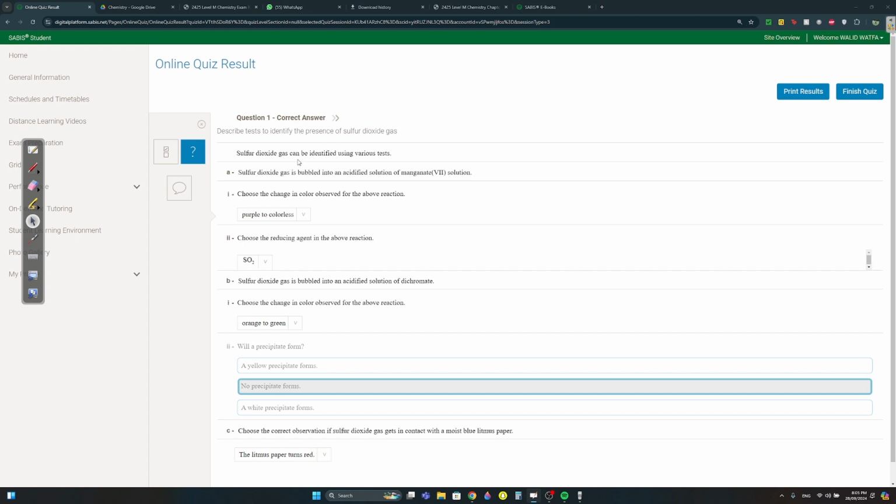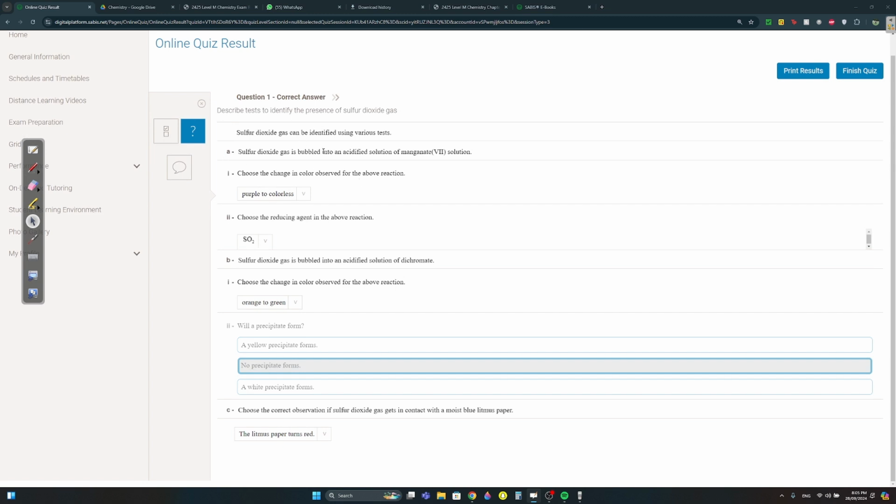Sulfur dioxide gas can be identified using various tests. Part A: the sulfur dioxide gas is bubbled into a manganate solution. It's important to know that sulfur dioxide is a reducing agent. A reducing agent means that it changes the color, it reduces its intensity. So when you put sulfur dioxide with potassium manganate, it changes its color from purple to colorless. You have to memorize this.